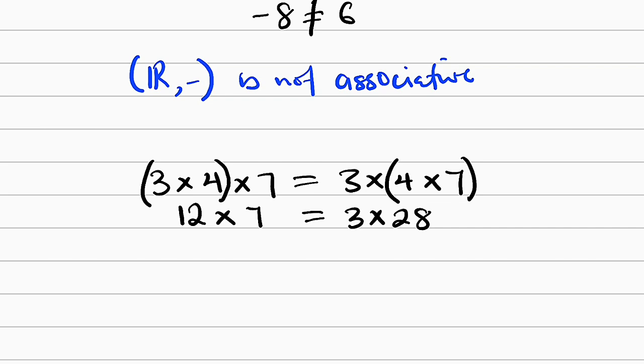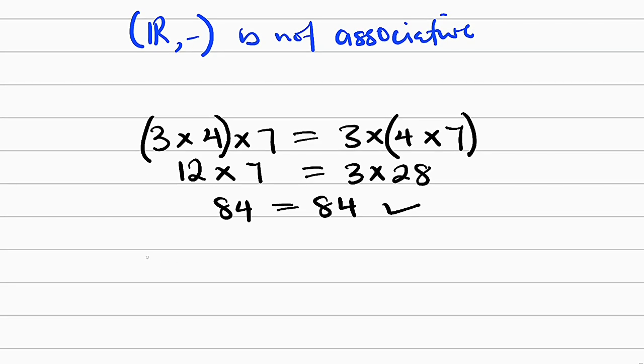So the question is, is 12 times 7 the same thing as 3 times 28? All right, let's confirm. 12 multiplied by 7 is equal to 84. Then we have 3 multiplied by 28. Is this the same thing? Definitely. So you can confirm that under the set of real numbers, multiplication is associative.